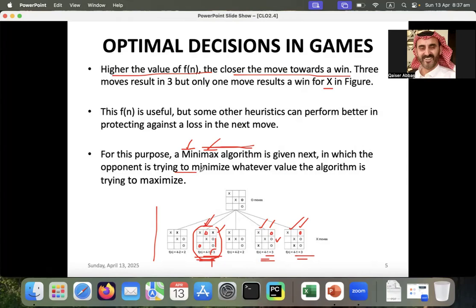One player is trying to minimize. If you are playing against the algorithm, then you are one player and the algorithm is the other player. If one player is trying to minimize the value, like the min player, then the algorithm will try to maximize the value, and that creates a two-player environment.